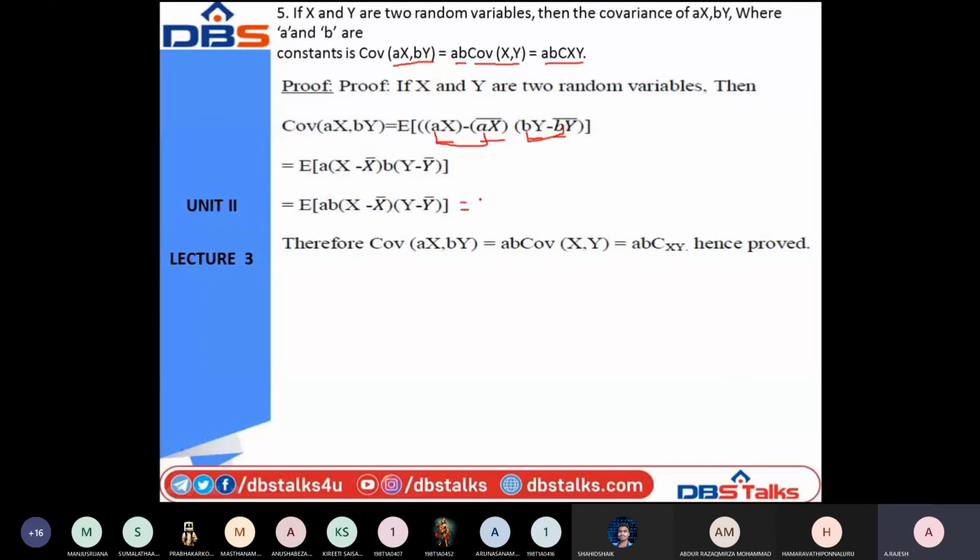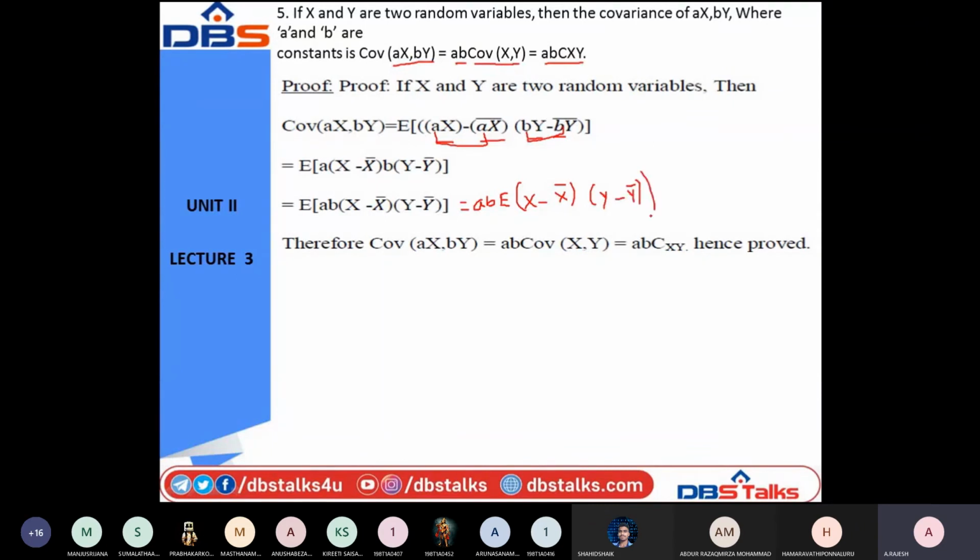Small ab into the expected value of capital X minus X complement into capital Y minus Y complement.